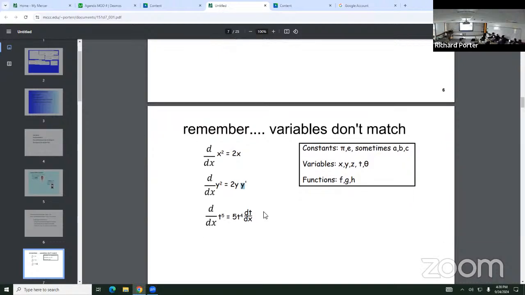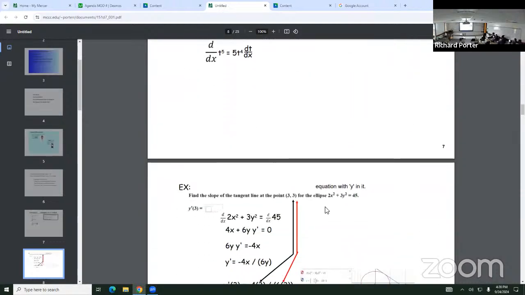So if you have an equation with a y in it, like this equation right here, the equation of an ellipse, 2x squared plus 3y squared equals 45.